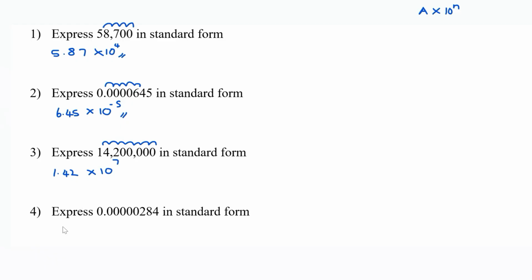For the last question, our value for a, we can have 2.84. Decimal point here, we're going to be moving it to the left this time, so it's going to be a negative. And we're going to be moving it back 1, 2, 3, 4, 5, 6 places.